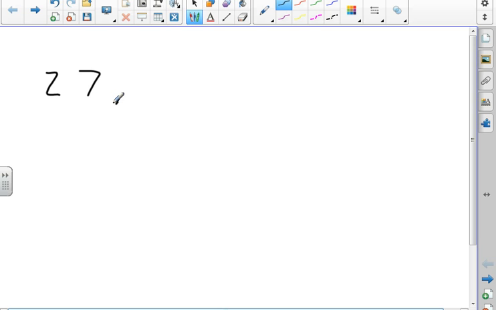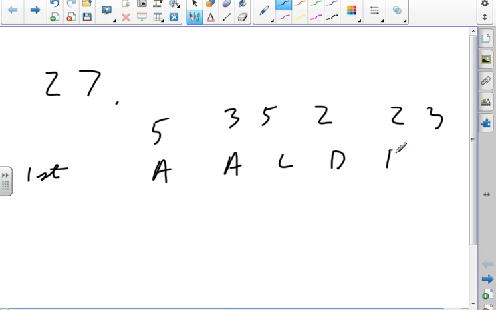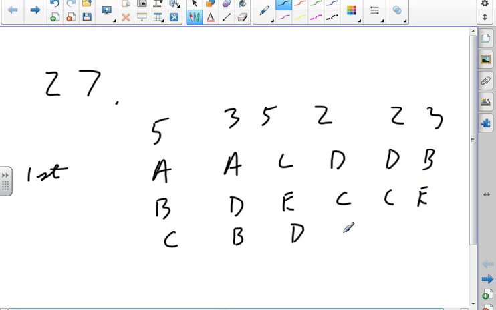This exercise refers to the math department, and okay, so we have 5, 3, 5, 2, 2, 3, and first choice A, C, D, D, B. And second choice B, D, E, C, C, E. And third choice C, B, D, B, B, A. I'm losing my columns.